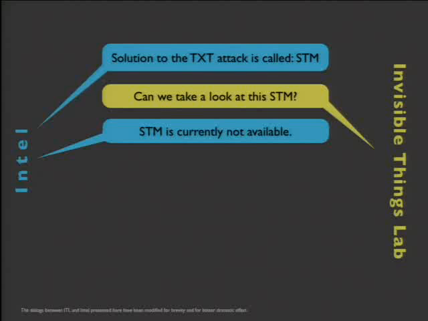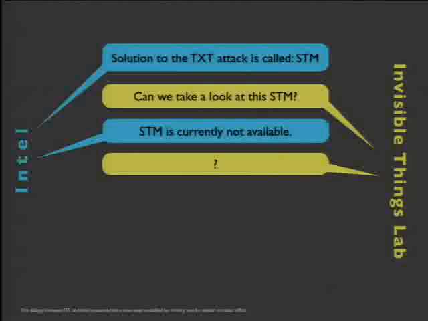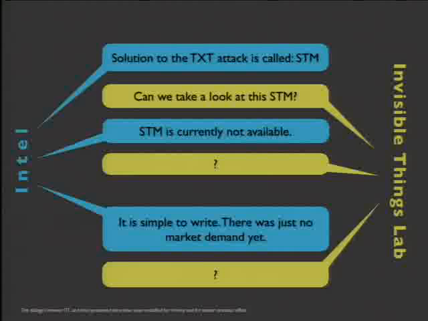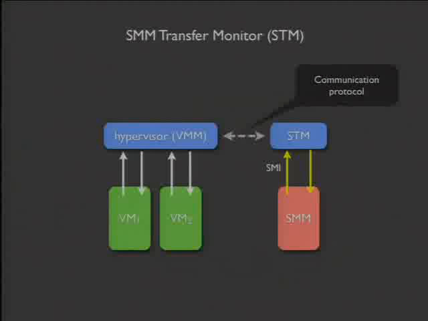Okay, STM stands for SMM Transfer Monitor. So this is the hypervisor, for example, Xen or Hyper-V or whatever. And we have virtual machines here. And then we have another, special hypervisor that runs in parallel to this hypervisor, which is called STM.